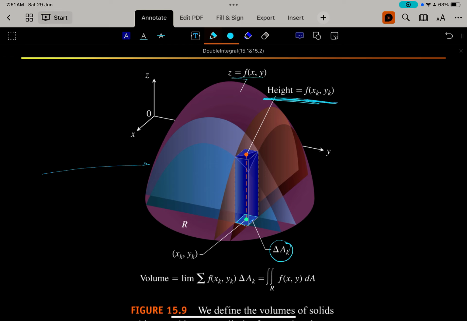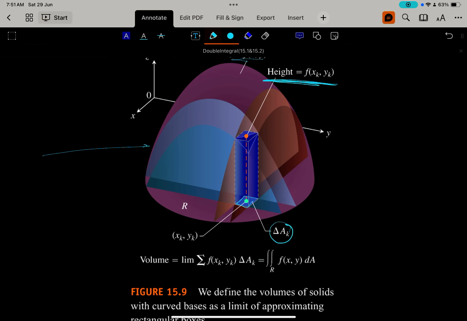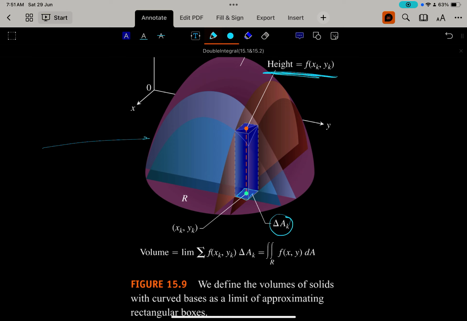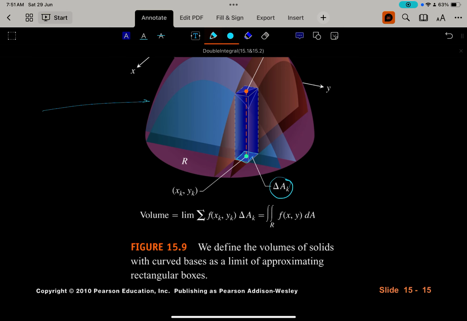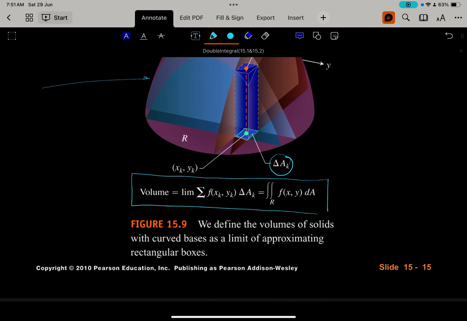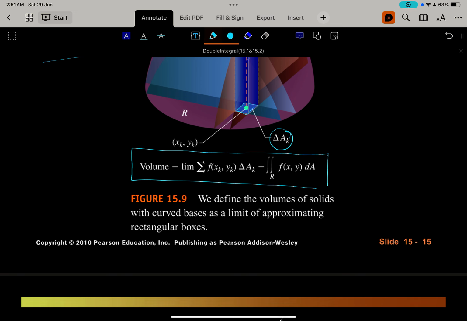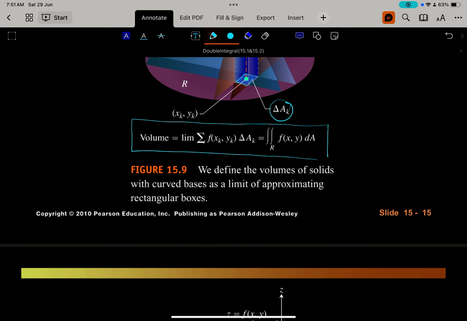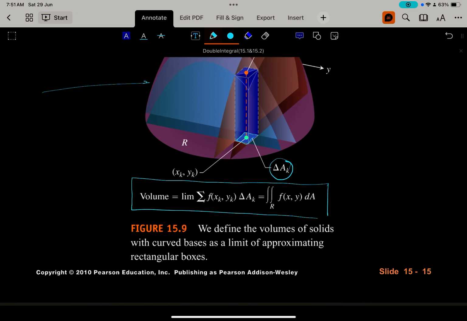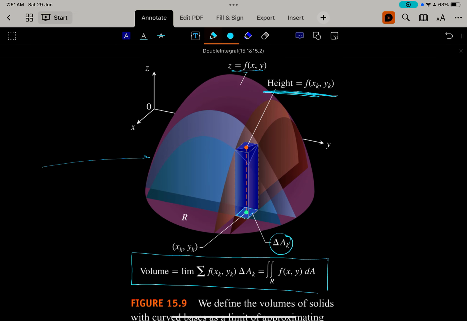This is our surface, the one that we want to find the volume under, and the volume is basically the limit of the sum of f(x,y) delta A_k, which is the double integral of f(x,y) dA. We define the volumes of solids with curved bases as the limit of approximating rectangles. So it's basically the same way that we'll do it.